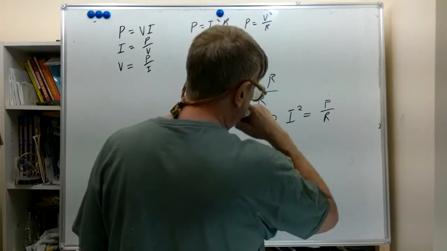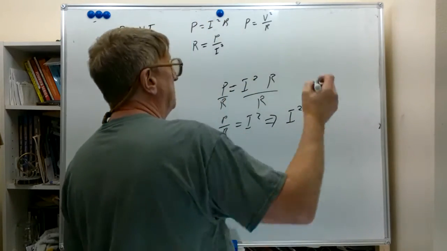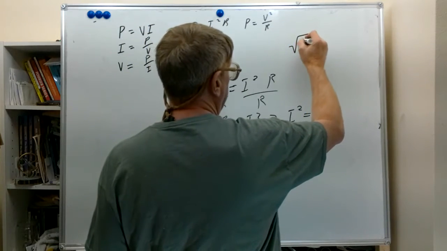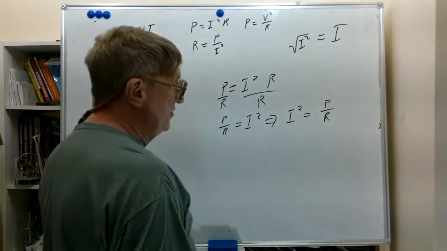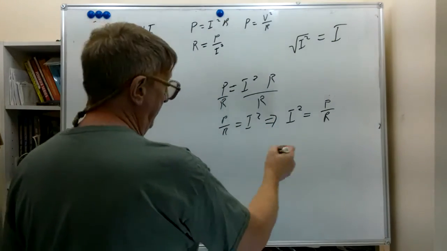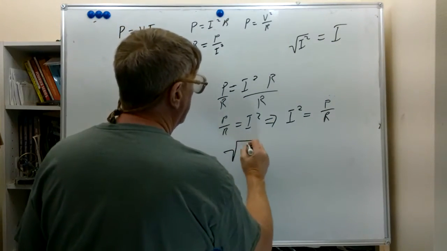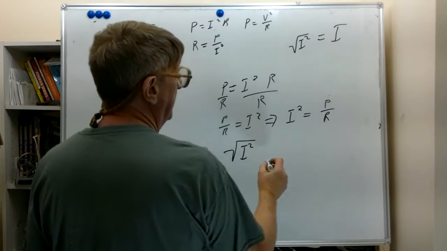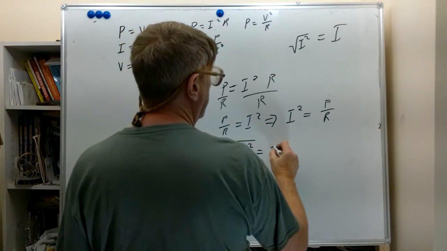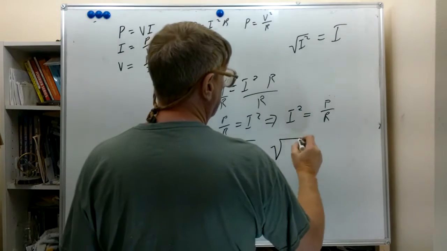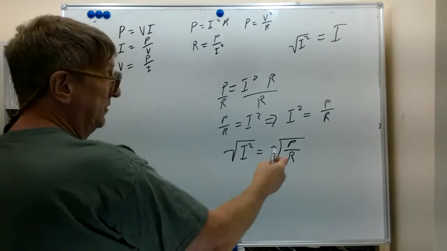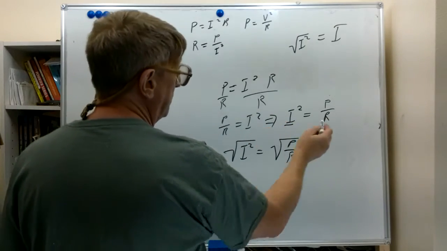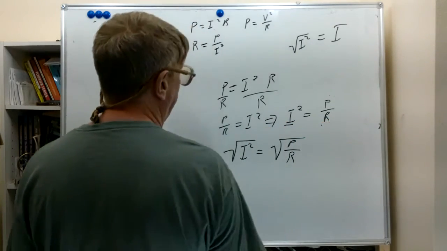We have I squared. We want to get just I, so the square root of I squared is equal to I. So what do we want to do? We want to take the square root of both sides. So we're going to put the square root of I squared is equal to the square root of power over resistance. We've taken this thing, square root of I squared, taken this fraction, square root of that fraction.